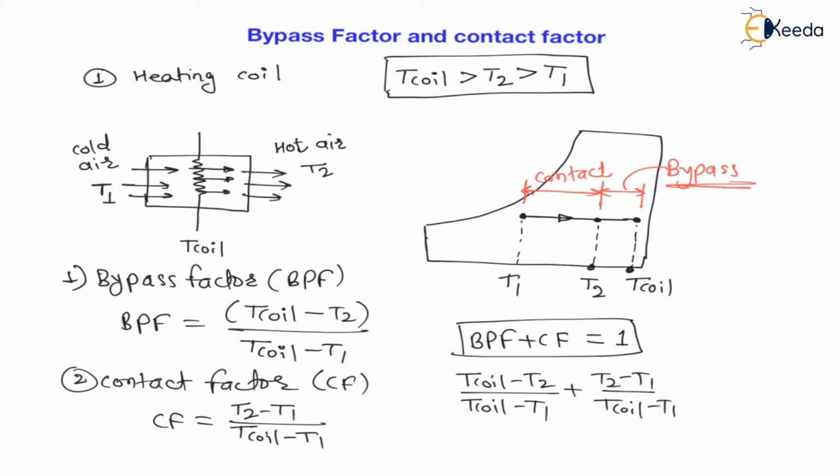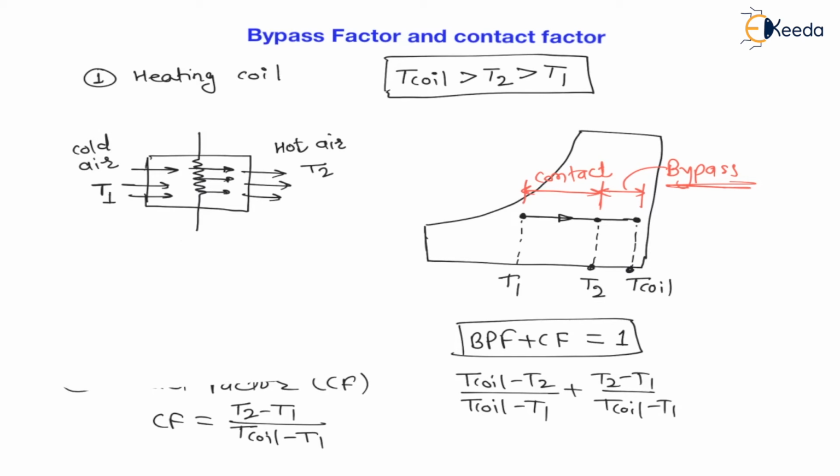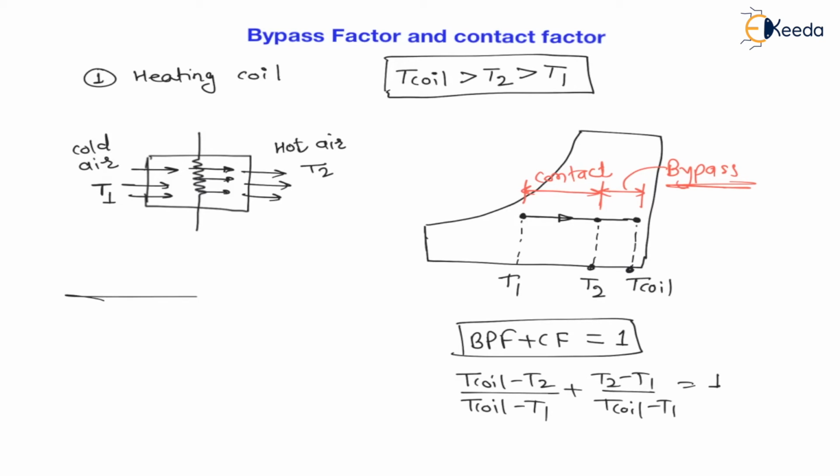Now in this case the denominator is the same, so take a common denominator. Therefore you will find it is equal to 1. Let us take the common denominator, temperature of coil minus T1, and in the numerator, temperature of coil minus T2 plus T2 minus T1.